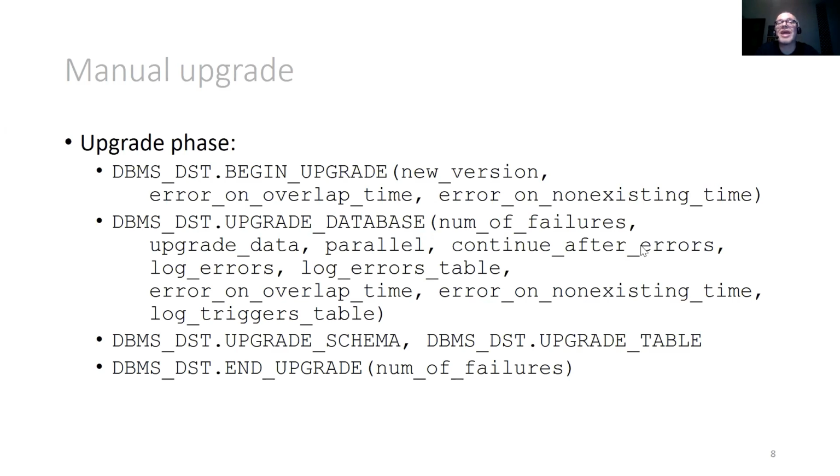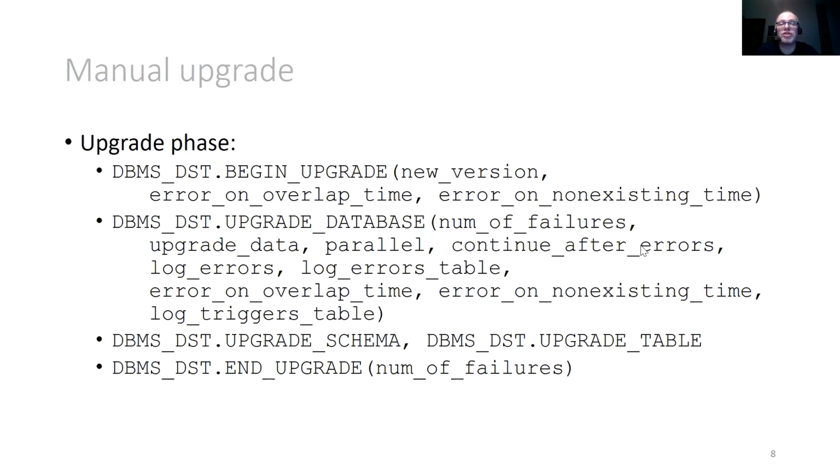So this table will have rows for each trigger that has not been enabled again after the upgrade of a given table. If there was a failure of the whole process, you should check this trigger table.